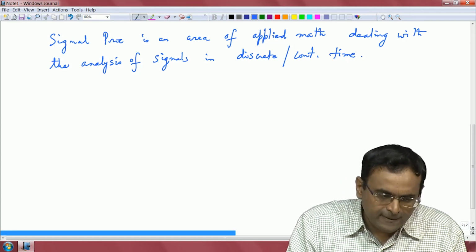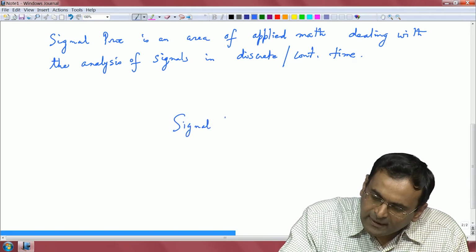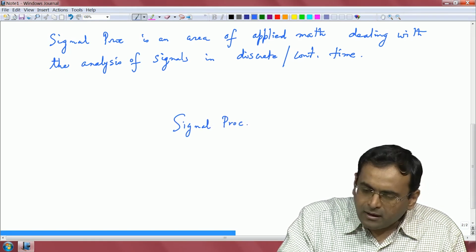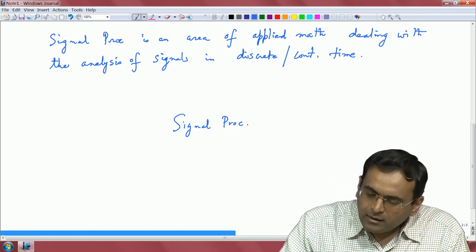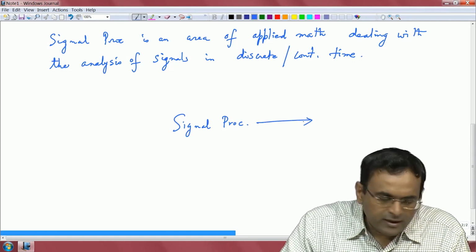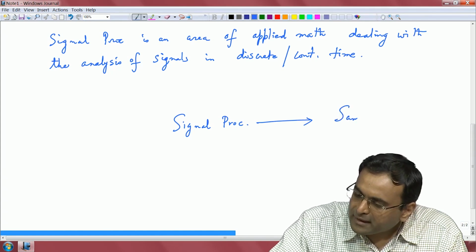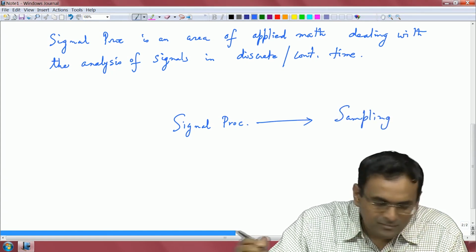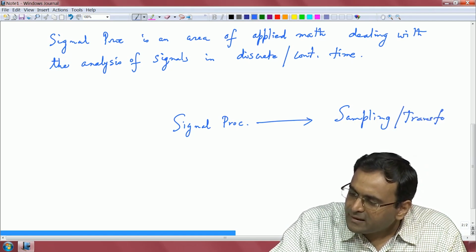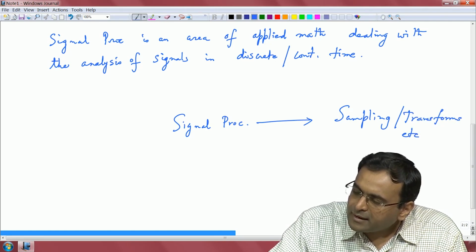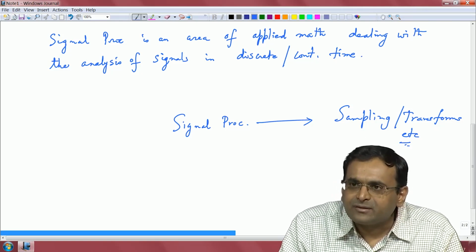So, if you see the spread of signal processing, I think you will be really intrigued how many areas it touches upon. The DSP foundations start from sampling, transforms, etc. Right? We want to represent a signal. How best can we represent a signal?